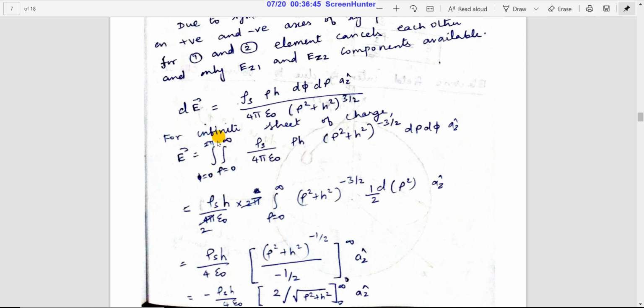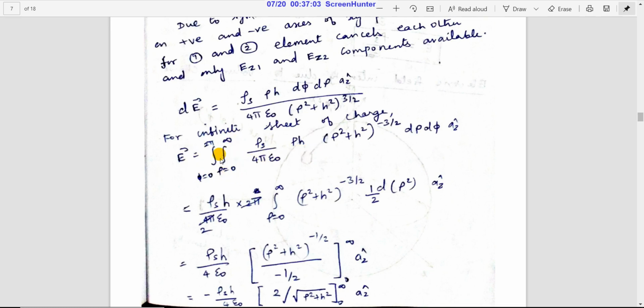So we are going to take the surface integral for ρ and φ. So what are the limits for ρ and φ? For φ, the limit is going to be from 0 to 2π, and for ρ it is going to be 0 to infinity.